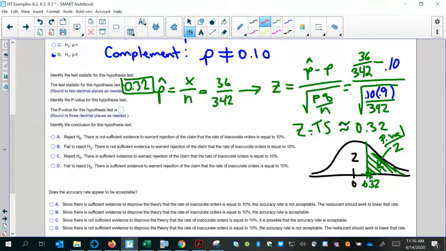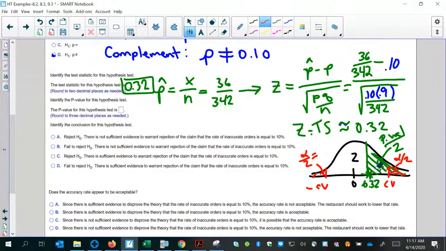So if we were to have drawn in our critical values, we would have had 2 of them because our alpha would have been split up into 2 sides. And since our alpha is split up into 2 sides, we have to consider our p-value the same way. So whatever this area is, I'm going to double that to put the answer for the p-value.